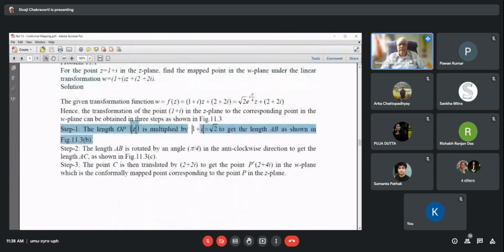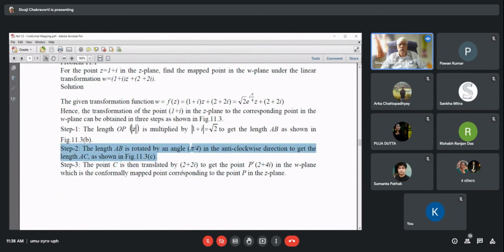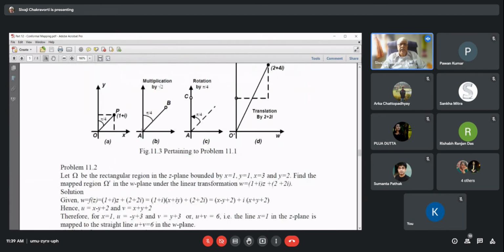Then you remember that I said that I have to rotate it by the argument of A. So how am I doing it? This is the second step, step 2, that now the changed length AB is rotated by an angle pi by 4. Why pi by 4? Because it is the argument of A, in the anticlockwise direction. So visually, AB is this length now.